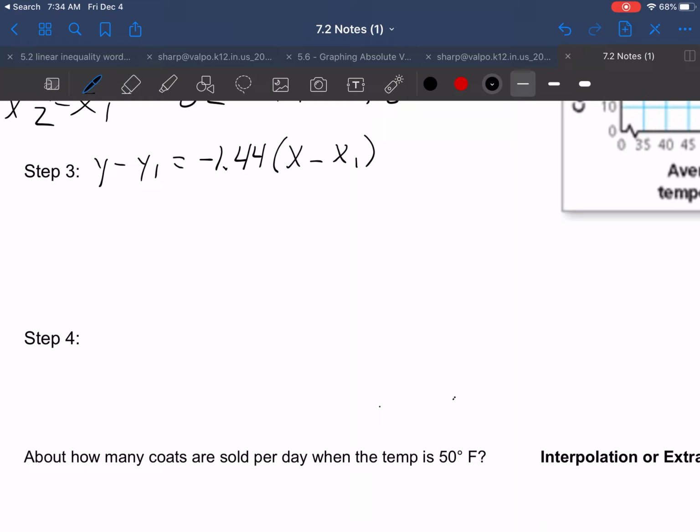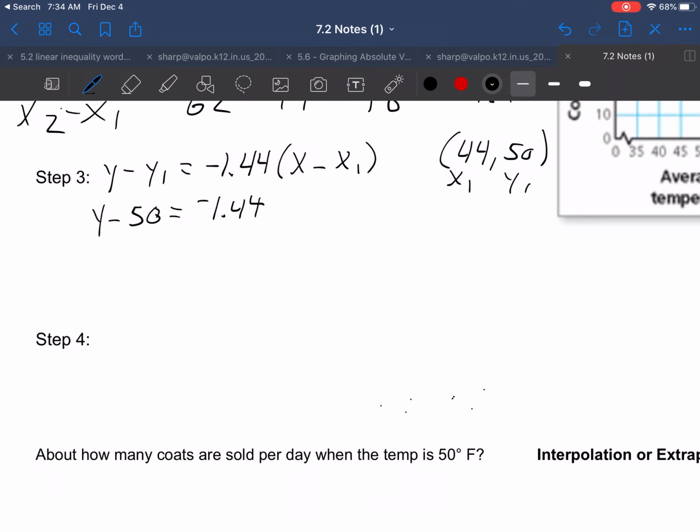I'm going to use the (44, 50). Okay, so just as a reminder, 44 comma 50. I'm going to use that for x1 and that for y1, which means now my equation says y minus the y coordinate that I chose should equal my slope, and then x minus the x coordinate that I chose.